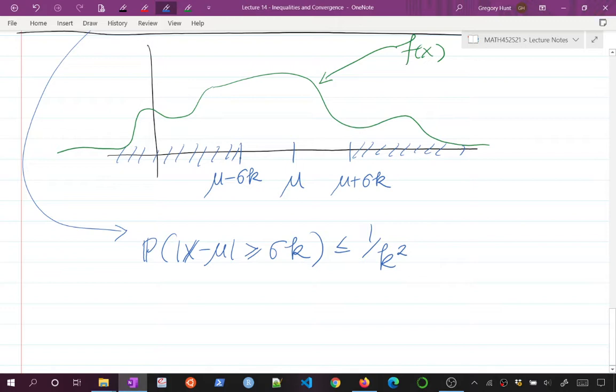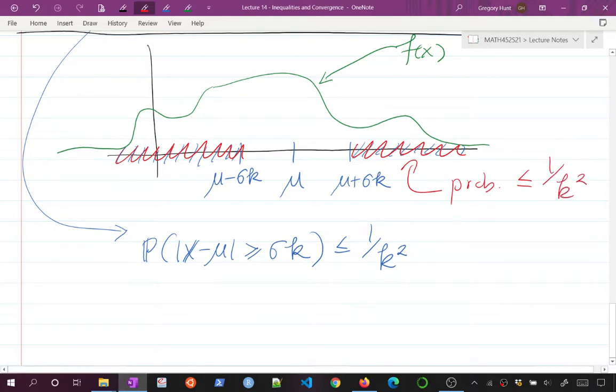And it says that the probability in this region here, maybe I'll do it in red to distinguish it, is less than or equal to 1 over k squared. That is, we never have more than 1 over k squared probability k standard deviations from the mean.